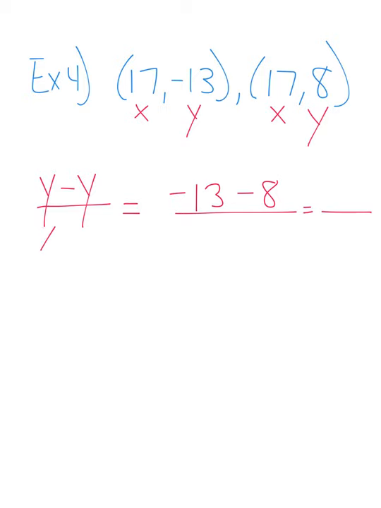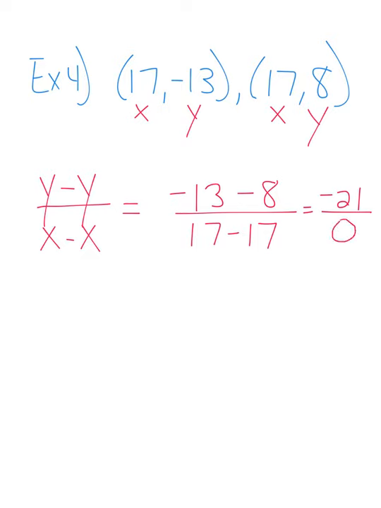And if we look at the denominator, we have x minus x. And that's 17 minus 17. So -13 take away 8 is going to be -21. 17 minus 17 is 0.